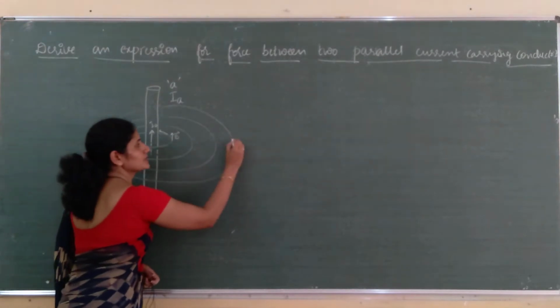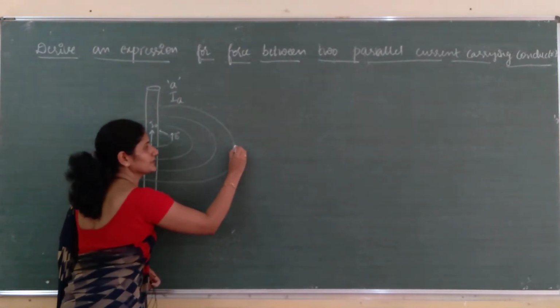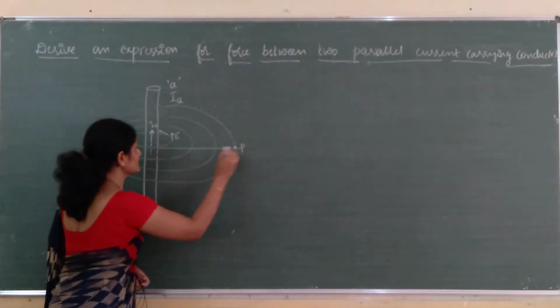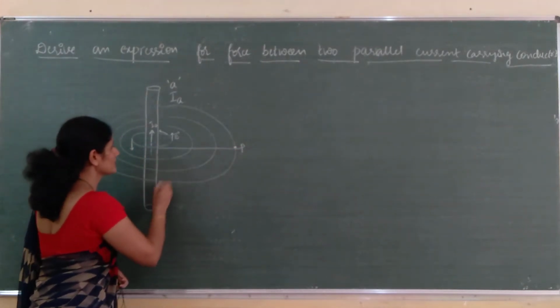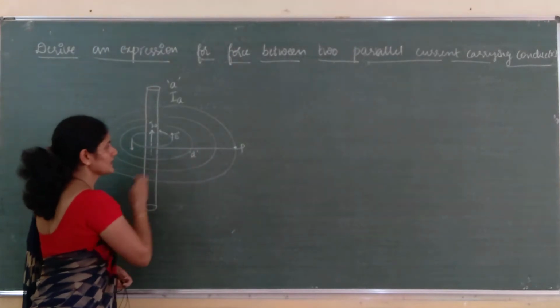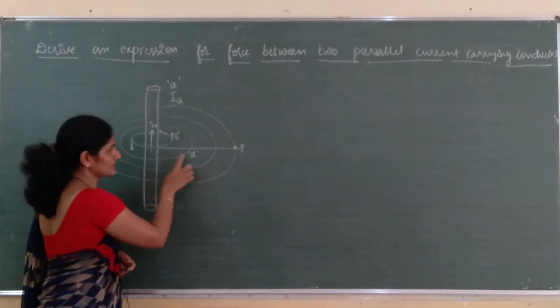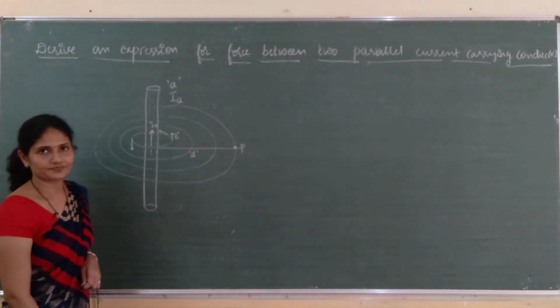At this point, I will consider a point P here. The distance between the point P and the conductor is d.